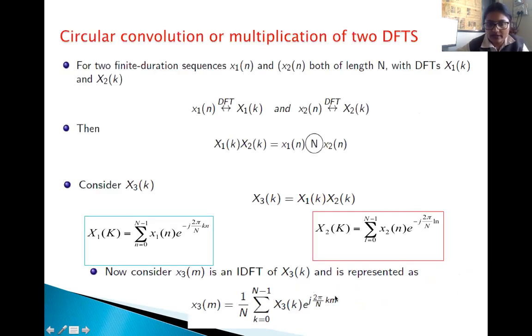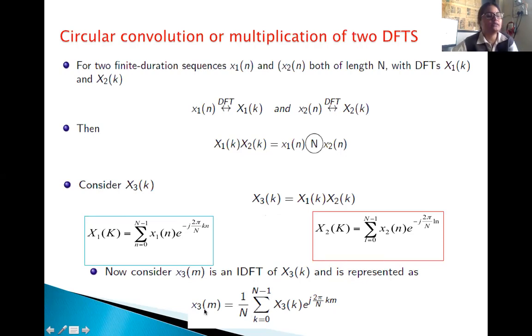This x3 of k is in the frequency domain. If I want to convert it back into the time domain, I will have to apply the IDFT.